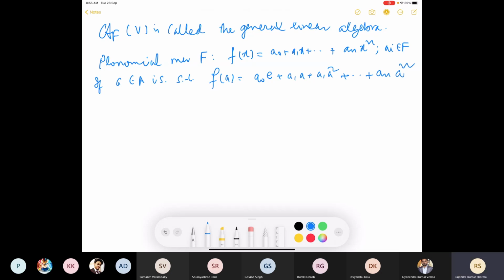Now this is an element of A, naturally. If this is equal to 0, then a is said to satisfy the polynomial f.